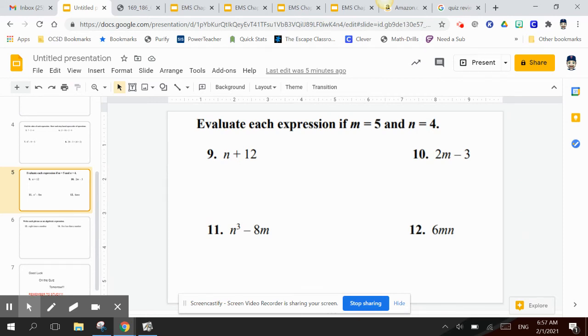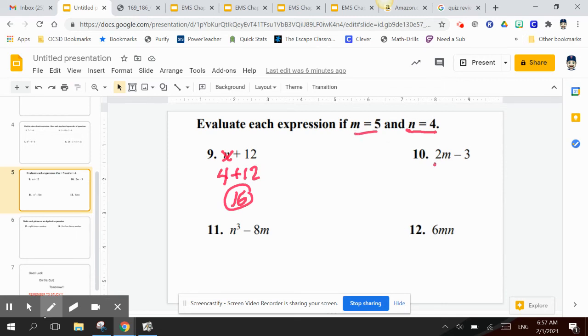So to evaluate each expression, if m equals 5 and n equals 4, here's where I take out that variable and I put in my value. So for number 9, n plus 12, I find that n equals 4. So I take out the variable, I put in the value. 4 plus 12 is 16. Number 10, 2m minus 3. M is 5.